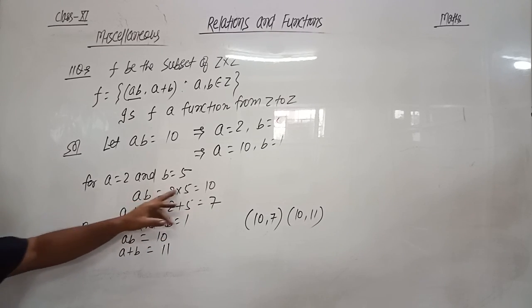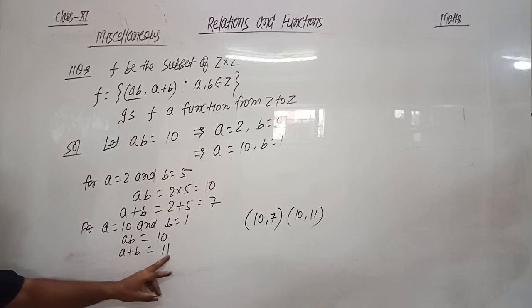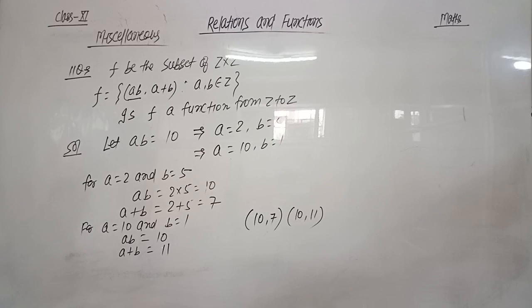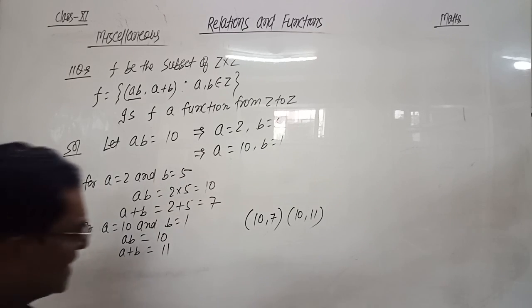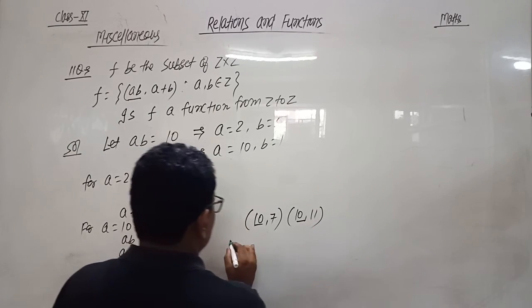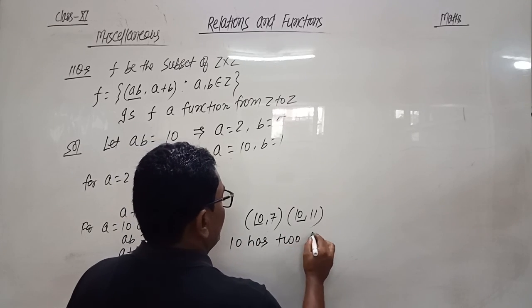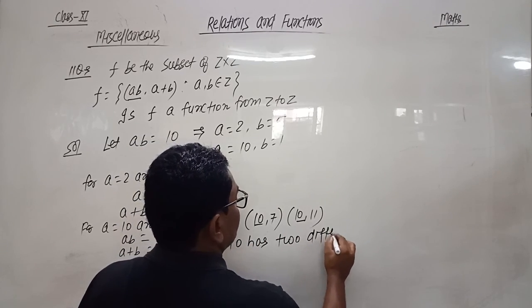Also the value of ab is 10 and the value of a plus b is 11. So the element 10 has two different images.